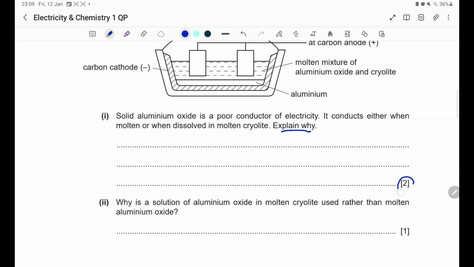However, this is 2 marks, and in the first part of the question, they have stated that solid aluminum oxide is a poor conductor of electricity. So when they say explain why, you have to explain why it is a poor conductor as a solid and why it is a good conductor when it is molten. So ions cannot move in solid state.